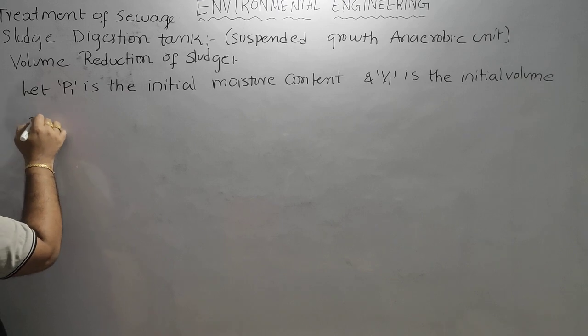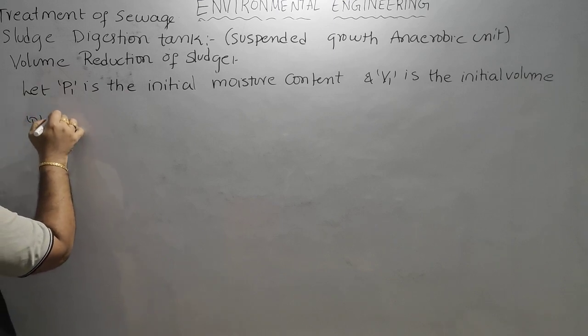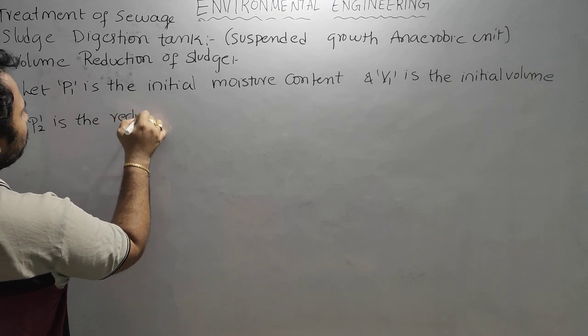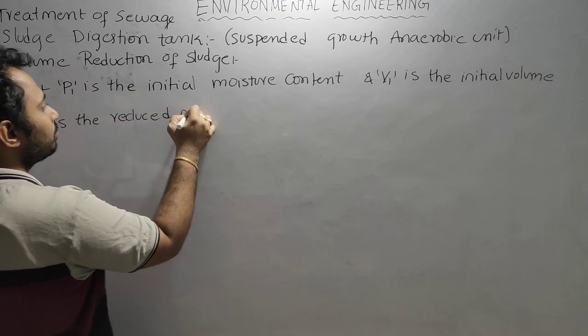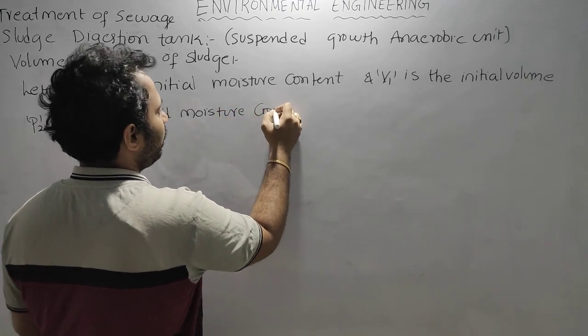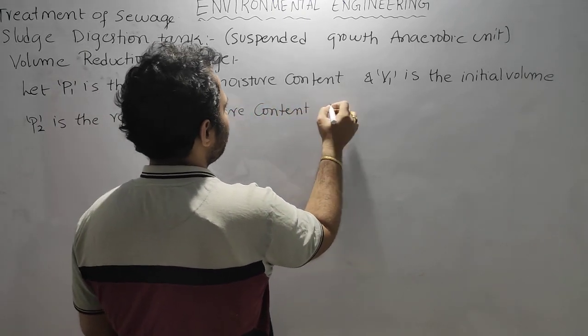P2 is the reduced moisture content after sludge thickening.